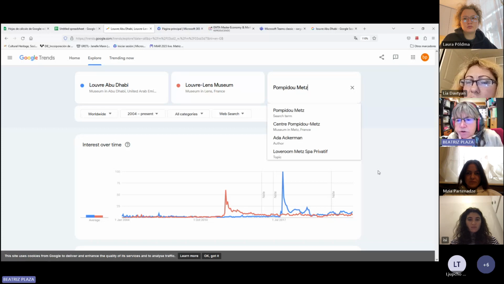I would recommend that you connect in pairs, not alone, so you can solve one another's problems. Can you Google Pompidou Metz, please?